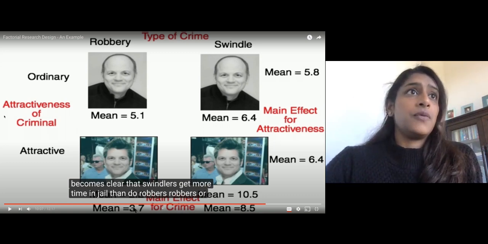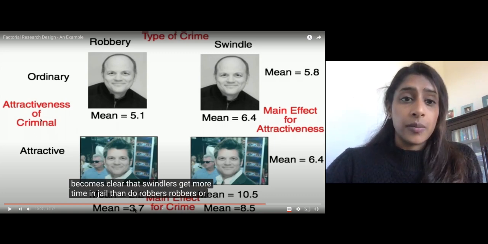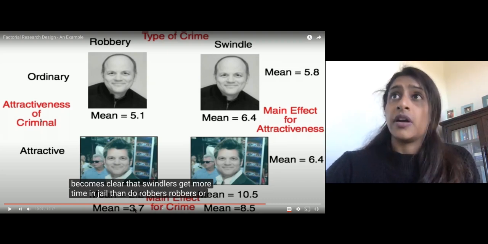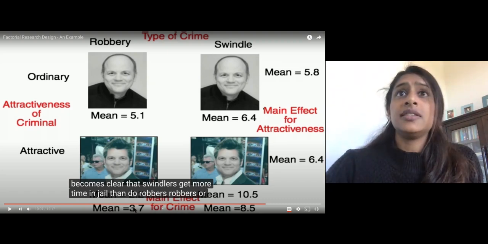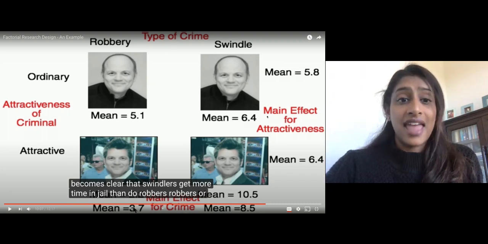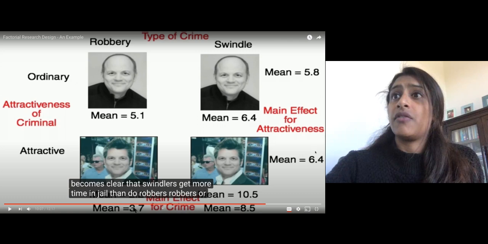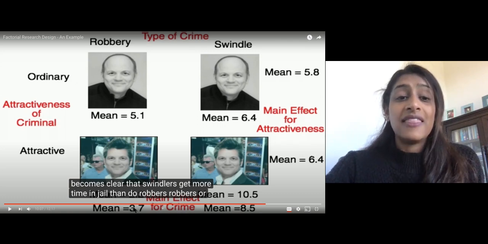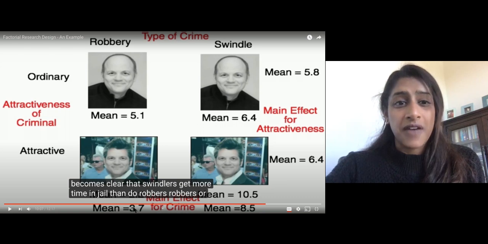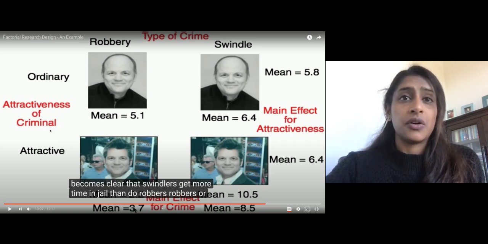Same thing if we looked at attractiveness of a criminal. That is another independent variable. We take a look at this and we add and then average across, right? 5.1 plus 6.4 divided by 2. This gives us an average. So now we've got these two different averages, and this is our main effect of attractiveness of a criminal.